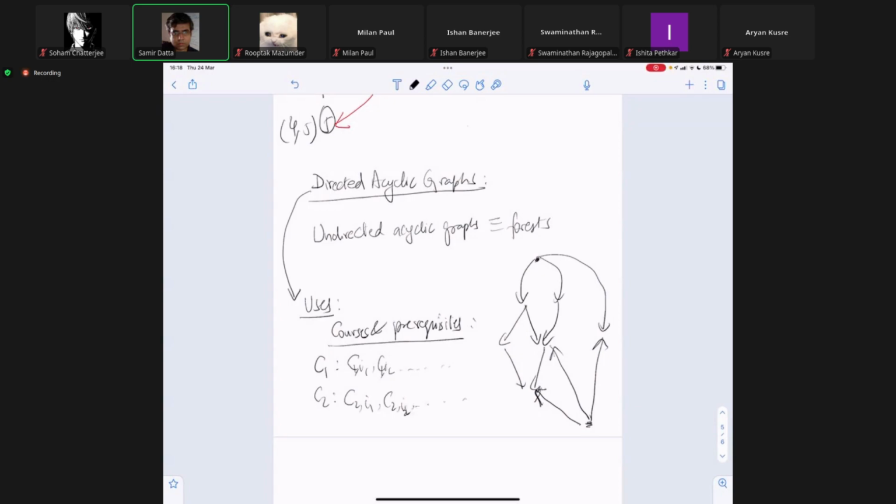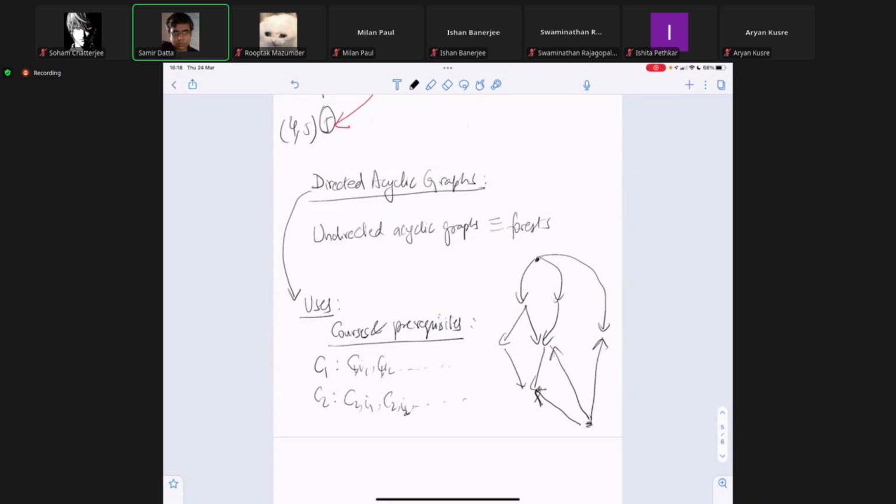So basically in CMI, you have a number of courses. Each course comes with some prerequisites, correct? The initial courses, the first year courses, do not have any prerequisites. Later on, courses have prerequisites which are ones in previous semesters.